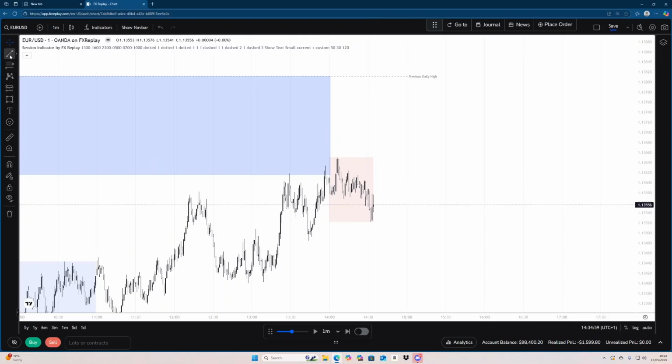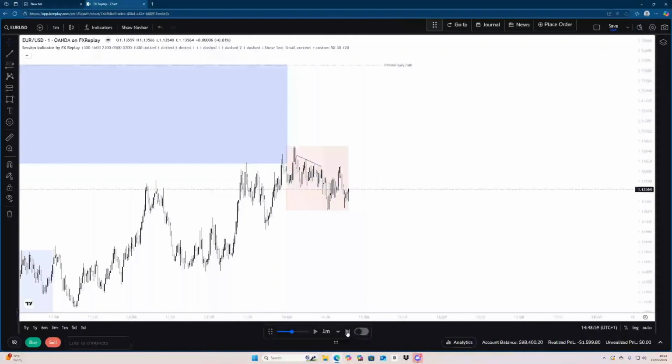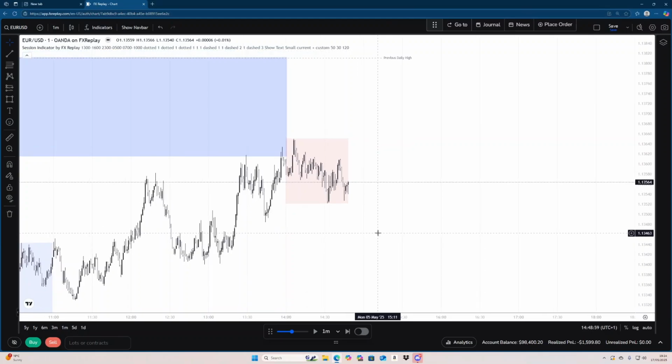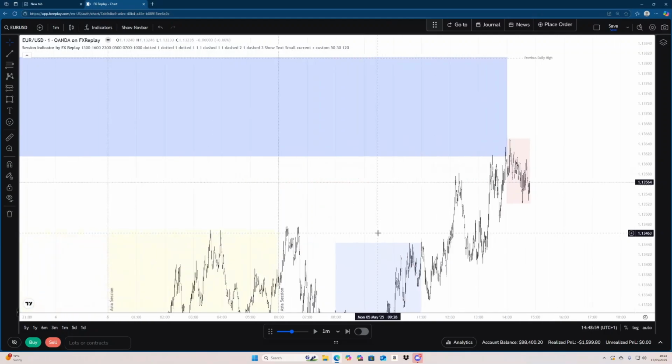That's why I like to mark a small supply to enter for, because if I mark the big supply, I don't have clarity. Understand what I mean? Because I like to enter from the supply.